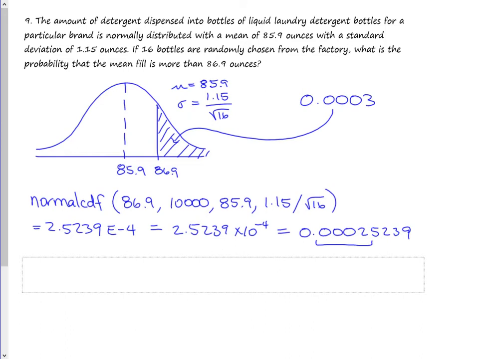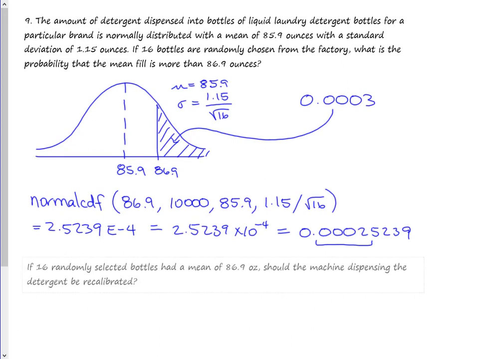Now, the second part to this question is, if 16 randomly selected bottles had a mean of 86.9 ounces, should the machine dispensing the detergent be recalibrated? So, there's a 0.0003 probability that that should occur.